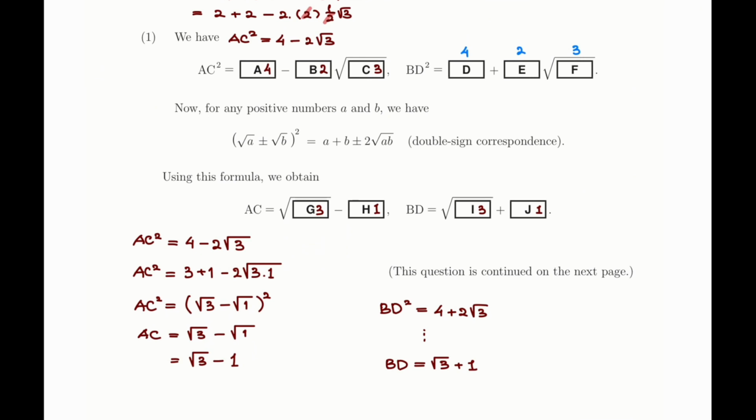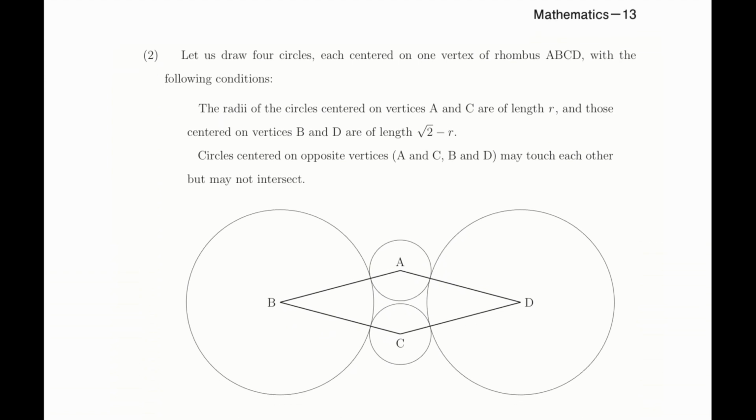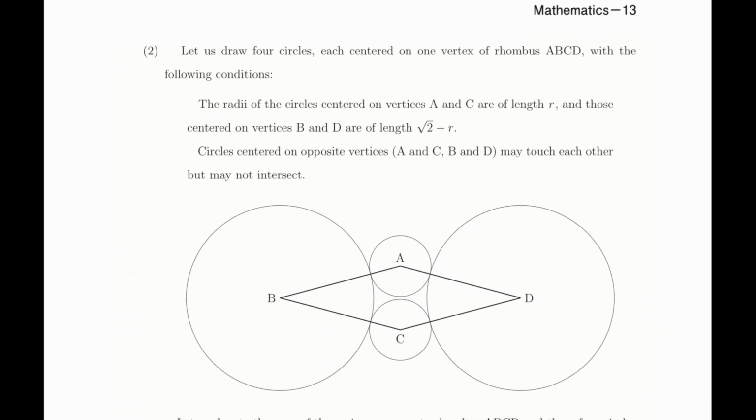Okay, let's move to the next page. Let us draw 4 circles, each centered on one vertex of rhombus ABCD. So now I will draw a circle on each vertex of the rhombus with the following condition.